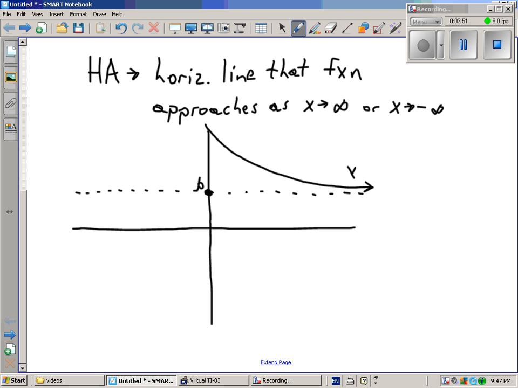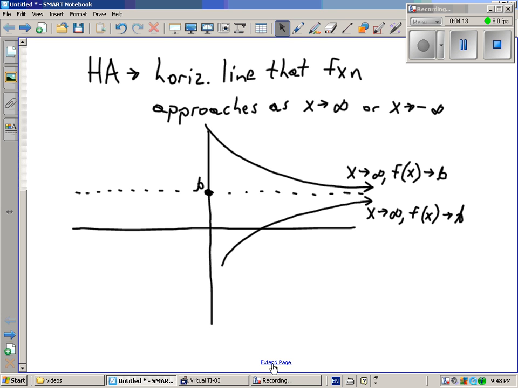As x approaches positive infinity, our function approaches that value b, whatever that is. You can also have a horizontal asymptote coming up from underneath. As x approaches infinity, f of x approaches b.